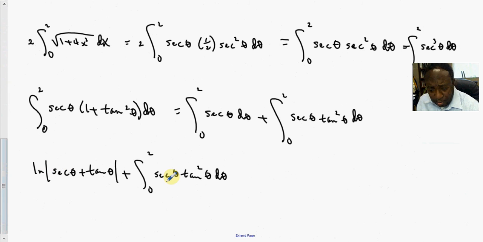On this part, we use integration by parts.